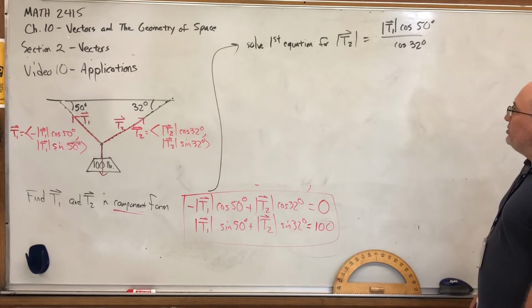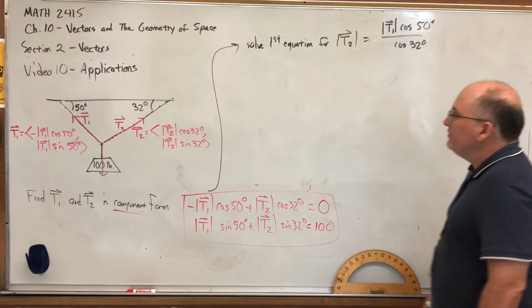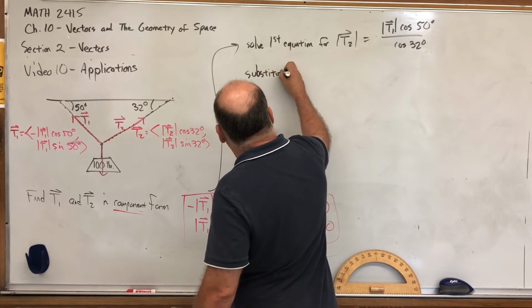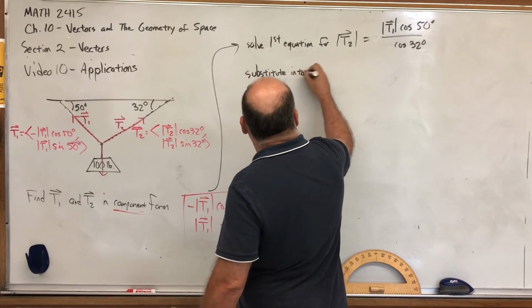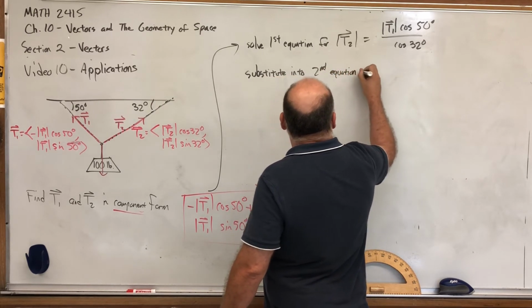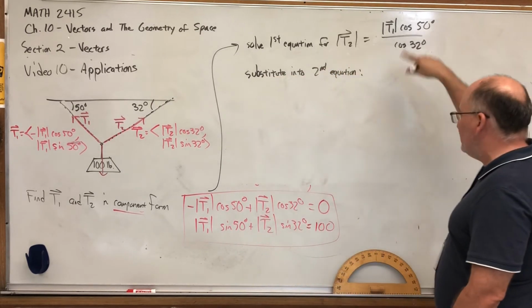Now that we know magnitude of T2 in terms of magnitude of T1, we can substitute into the second equation. In other words, we can go to the second equation and replace magnitude of T2 with all this.